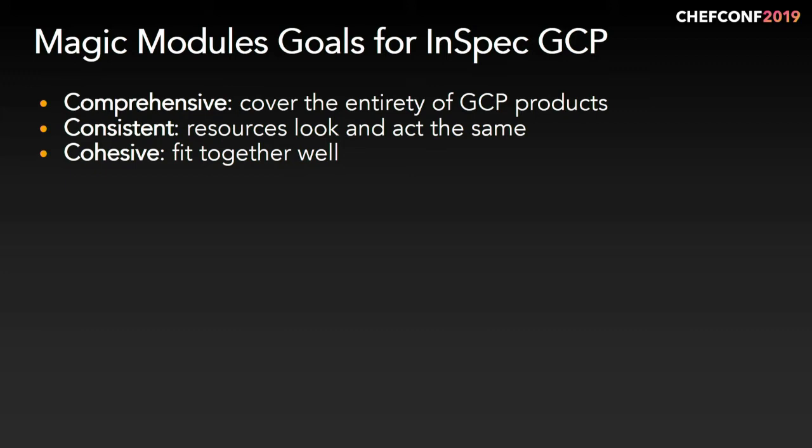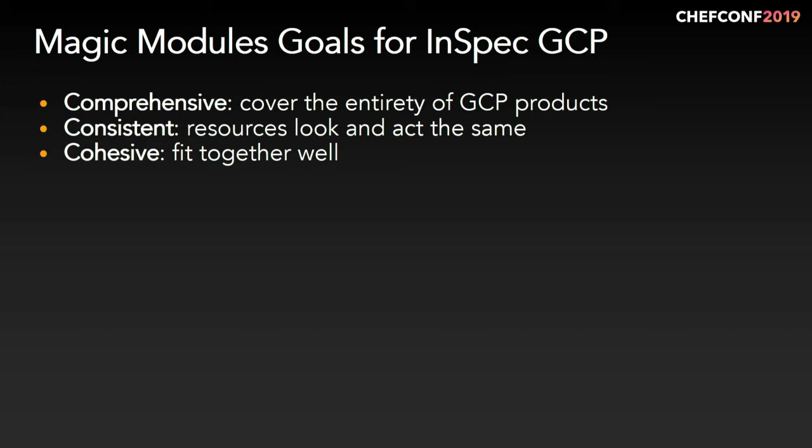And so my goal was to expand this coverage so that you can write tests not just against resources that were covered at the time, but against any resource that exists within the GCP environment. So I was on a team that has this tool called Magic Modules.